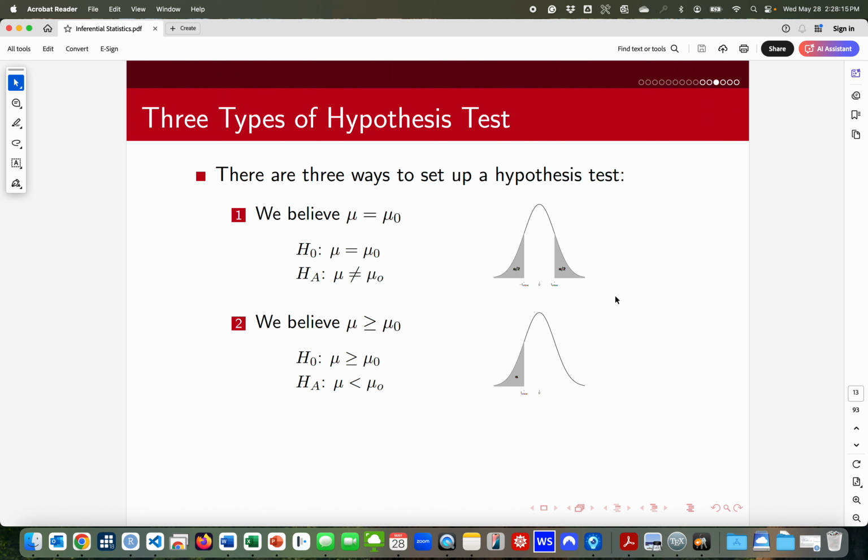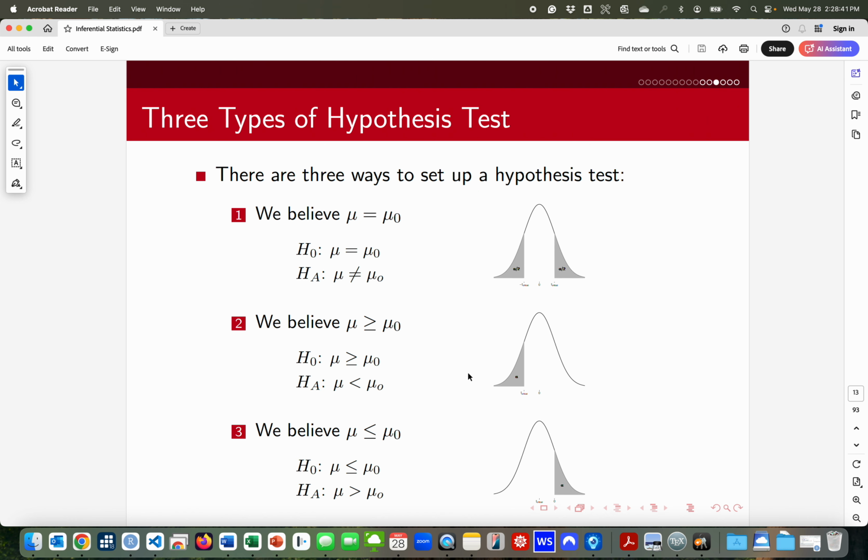But if you claim that the true mean for Microsoft is greater than or equal to 3.5%, and I observe 5%, well, that's consistent with what you're claiming, so I can't reject it. So that would lead to a fail to reject. So if the null has greater than or equal to, I can only reject if what I observe is significantly less than what you have claimed.